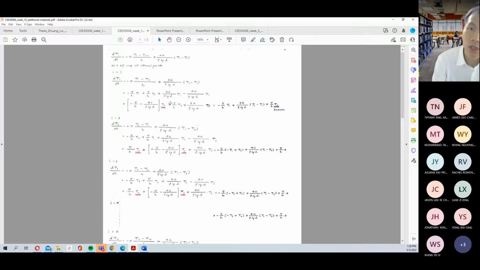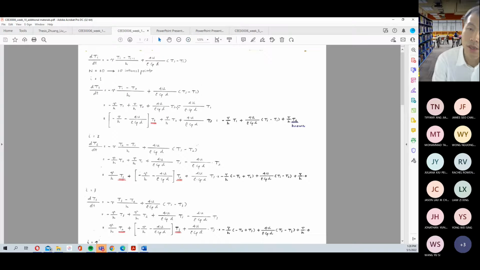If I go into the details, essentially what you have is these things here, right? Imagine we have 10 internal points. So you will have 10 equations basically. The first equation is simply you substitute the value of i into this particular equation. If you do this for i equals 1, you will recover this particular form.